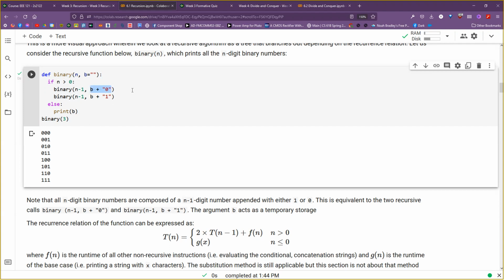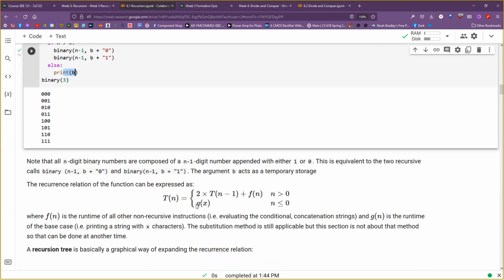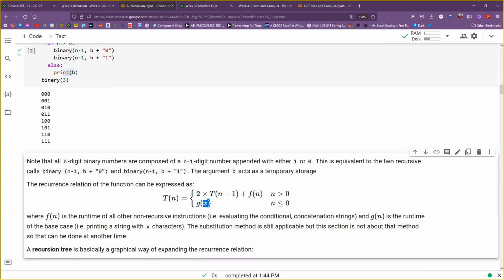So there are many possible time complexities we could consider. And for the base case, the printing, we can also consider it as g of x for now, since we're not sure what the running time, or the time complexity, of printing is.